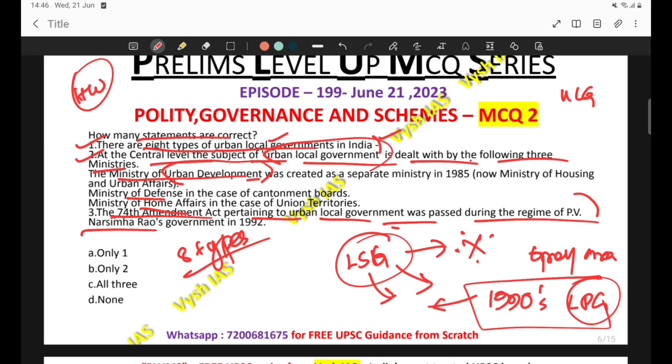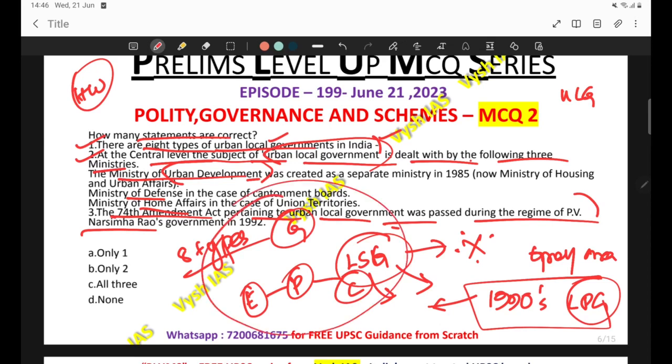Whenever there is an important year, you have to connect things parallelly: economically this was happening, politically this was happening, culturally this was happening, and at the global level this was happening. So you'll get a holistic picture. If you get that picture, it will be useful in mains also, and you can get a grip on these kinds of questions. Like the Indira Gandhi era, I will always tell you the 42nd Amendment Act and the Indira Gandhi era.